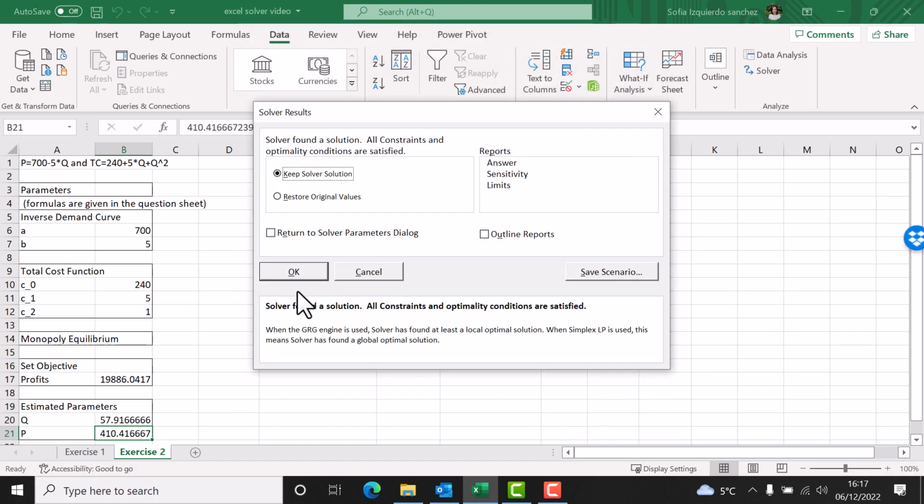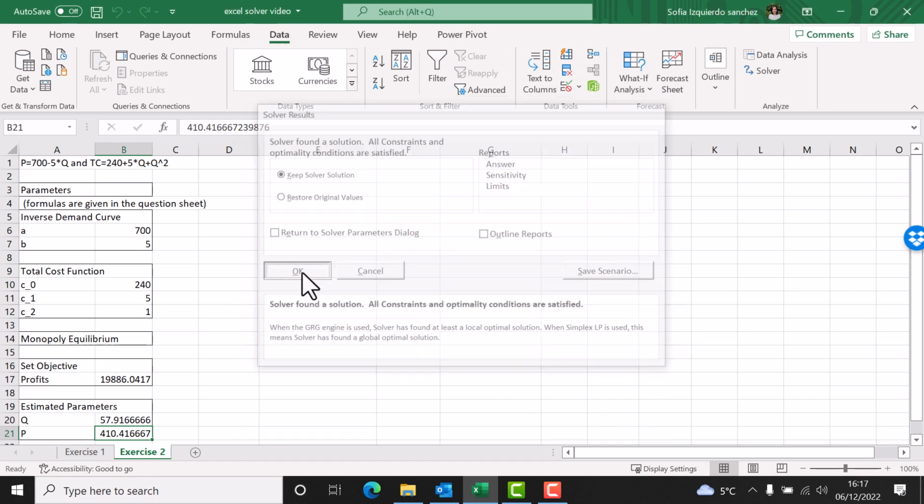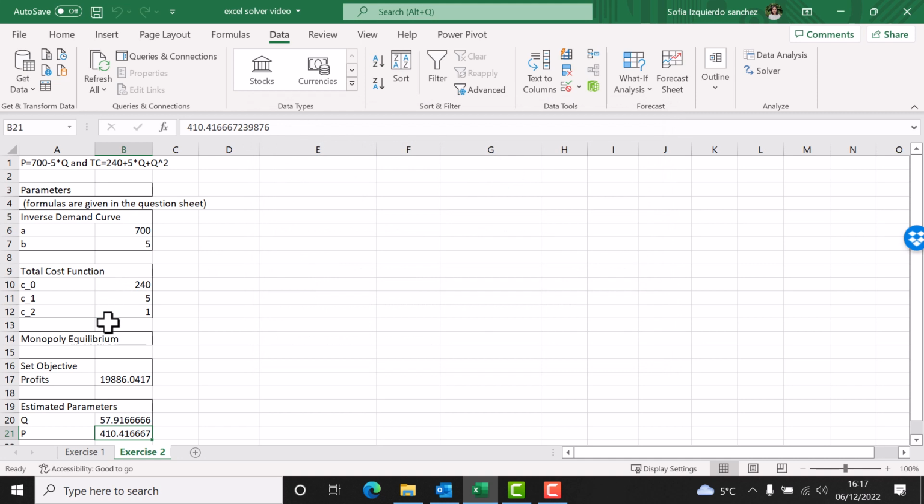You will always have this pop-up window which says, keep the Solver solution in the cells. Okay, and as you can see, it already gives you the optimal level of output, 57.9, the price 410, and this will be the profit. You can actually try to solve the equilibrium algebraically to see if this would also be the solution, but I can tell you this is actually the solution for the monopoly. And this is how you use Excel Solver.